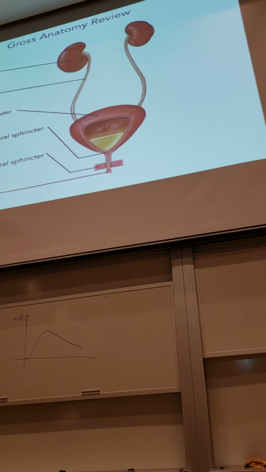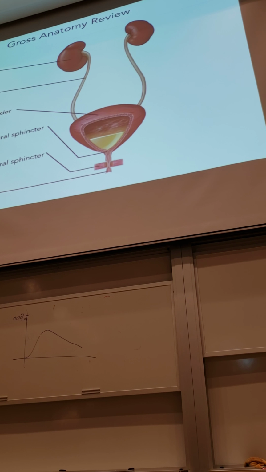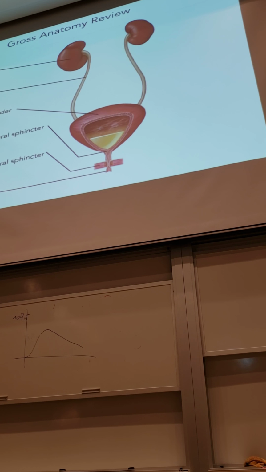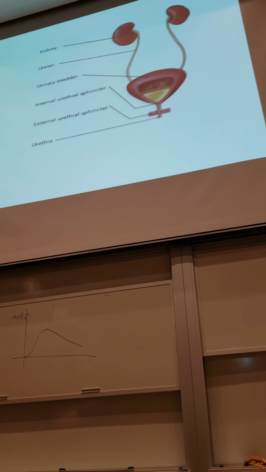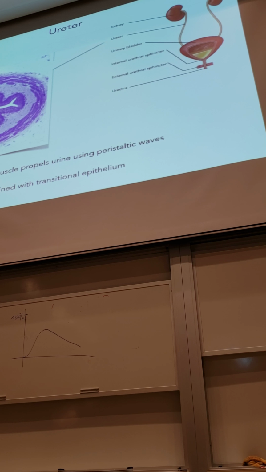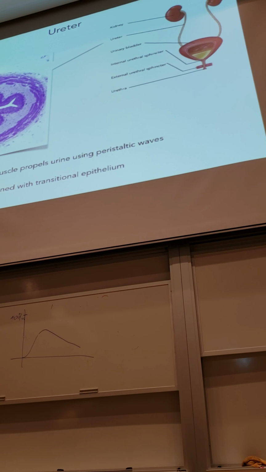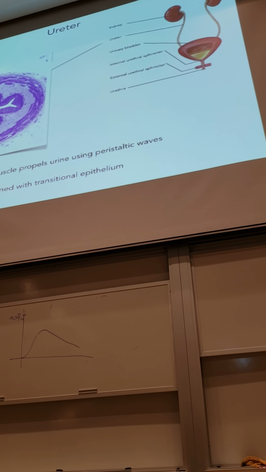So what we're going to talk about real briefly is how does this work? We have a voluntary component and an involuntary component, and no surprise, this involves the autonomic nervous system. Real briefly, let's talk about how urine gets to the bladder.